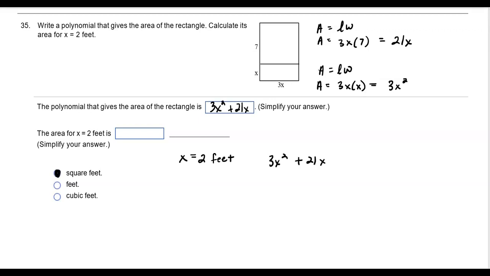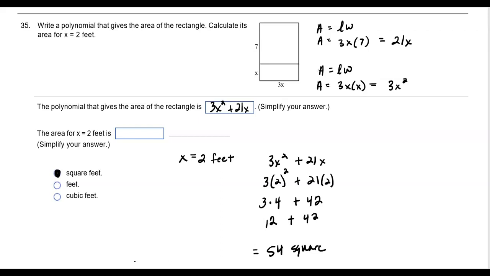So we're going to find the area for x equals 2 feet using 3x squared plus 21x. We replace or evaluate the expression using 2 for x, like so. And we have 3 times 2 squared, of course 2 squared is 4, and 21 times 2, which is 42. So that's 12 plus 42, and that equals 54 square feet.